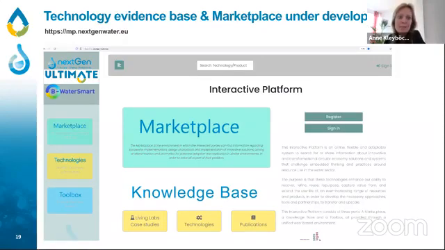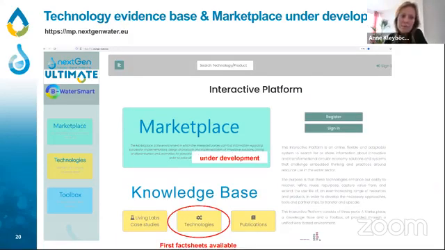3 projects, NextGen, Ultimate, and Be Water Smart. Regarding the technologies, there are already fact sheets available. So you can go there, use the internet address you can see here, and you can get information about the different technologies you can use.